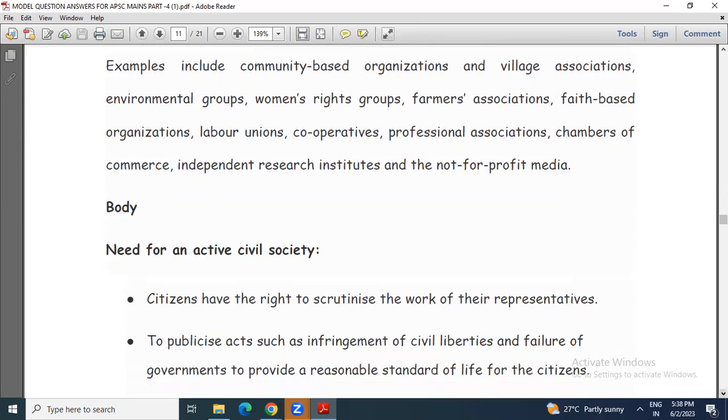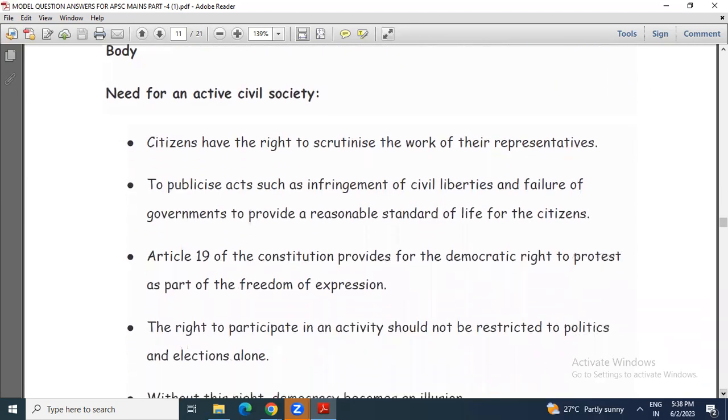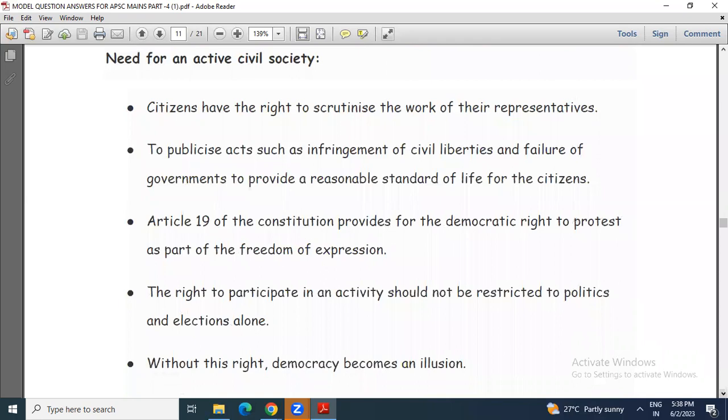Now come to the next part, that is the need for an active civil society. Citizens have the right to scrutinize the work of their representatives, to publicize acts such as imprisonment and curbing of civil liberties, and the failure of government to provide a reasonable standard of life for citizens. We citizens have this right because we elect our representatives by voting.